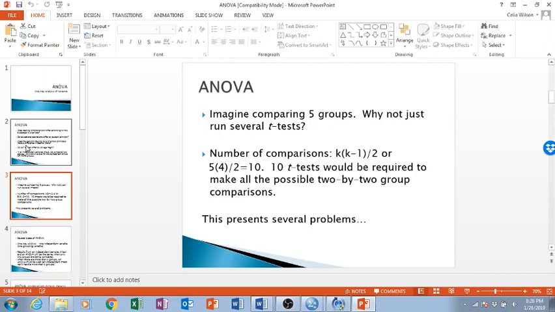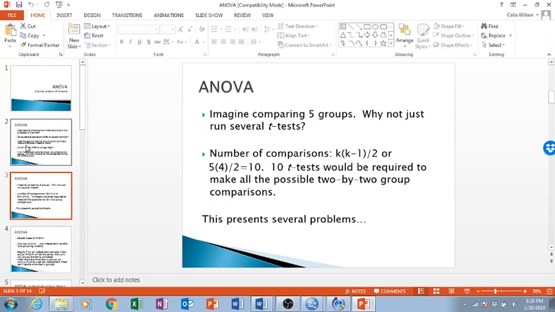This presents several problems, but I think the most important one is the 0.05 level, or that alpha level, or that p critical level. Well, that is also our Type 1 error rate.